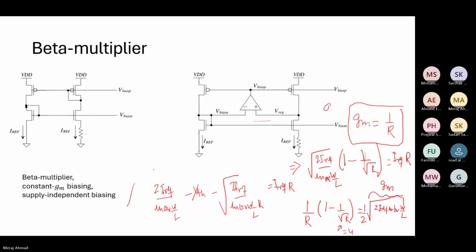Anyone? Okay, so this gm is equal to 1 by R.